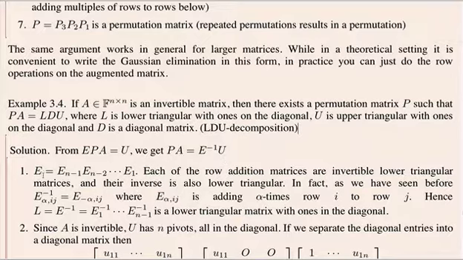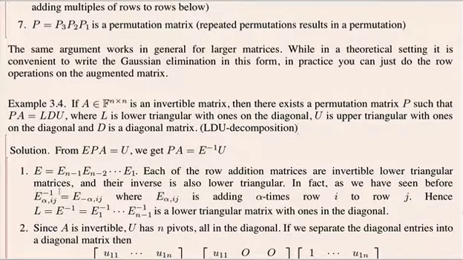First of all, the E matrices are these En-1, En-2, and so on, E1 matrix product. Each of these row addition matrices are invertible, lower triangular matrices, and their inverse is also lower triangular. In fact, we know more than this.